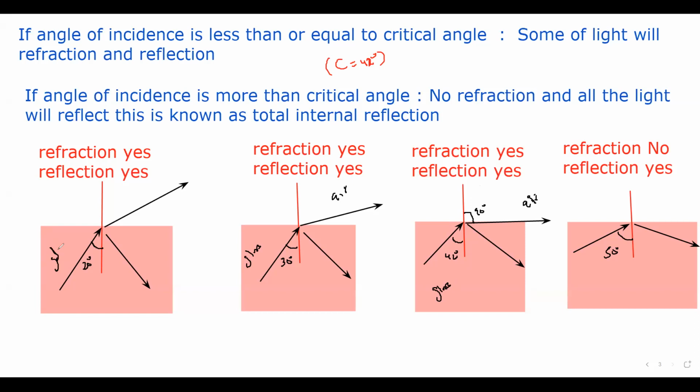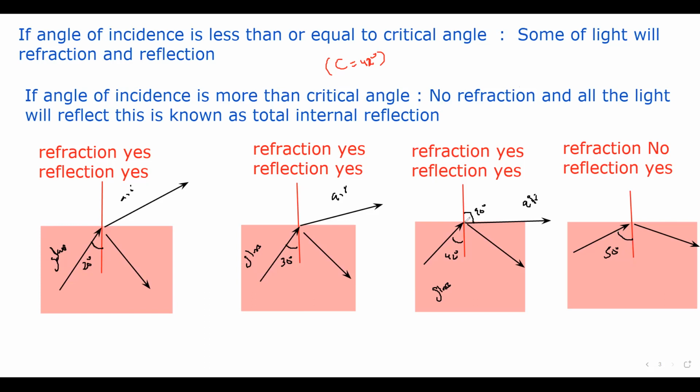This is also moving from glass to air, so this is also refraction. And this is reflection because it bounces back in the same medium. If the light does not change the medium, it just bounces back, that is reflection. That's why in the last figure, the light does not go out into air, it bounces back in the same medium. So we don't say there's a refraction, we say it is only reflection.